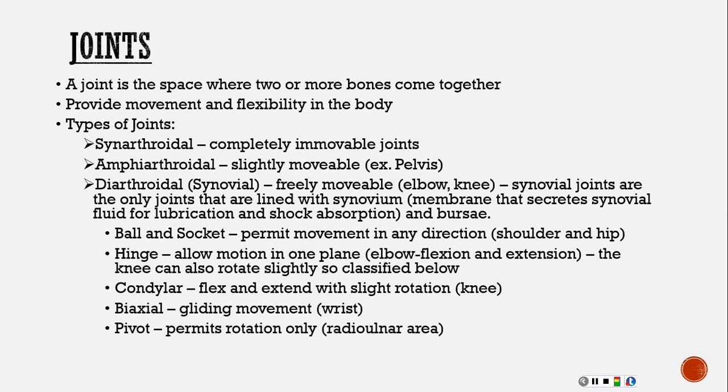These joints are the only joints that are lined with synovium, which is a membrane that secretes synovial fluid for lubrication, and also for shock absorption. It also has the bursae. Bursae are little sacs of synovial fluid.